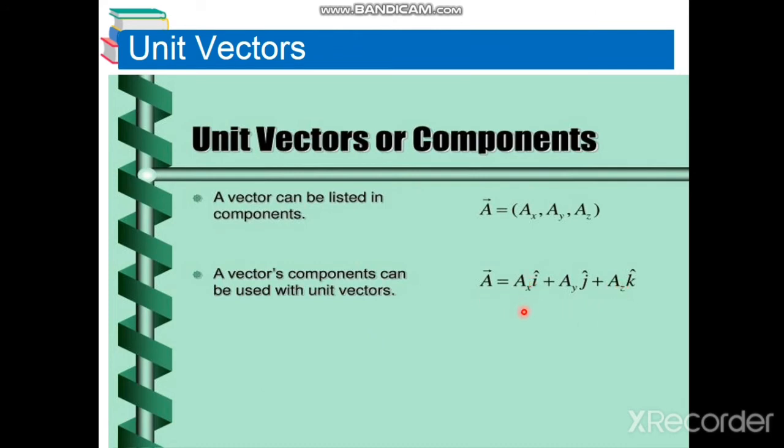So instead of ax, ay, az, we can put numerical values, for example 5i plus 2j plus 5k. 5, 2 and 5 are the numerical values, and i, j, k represent the direction.